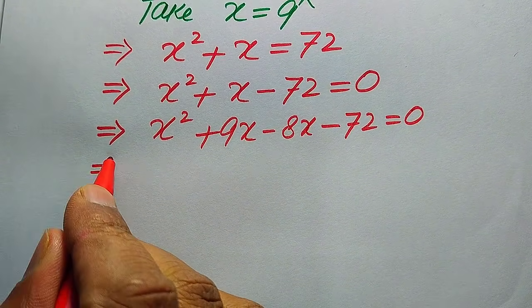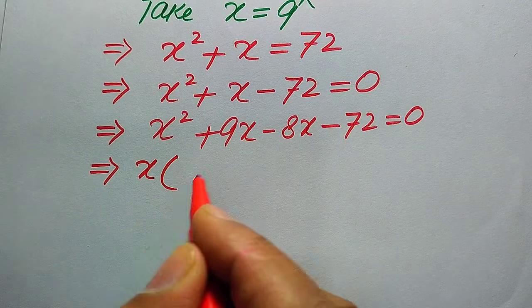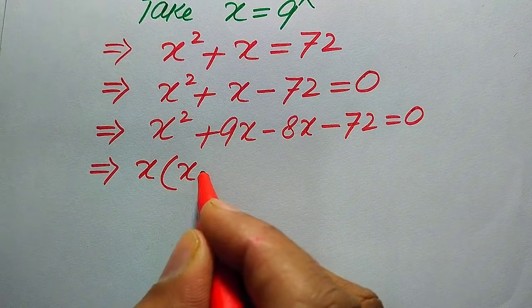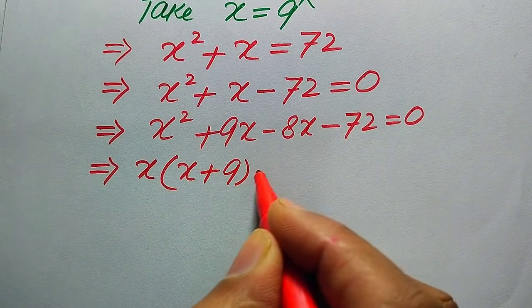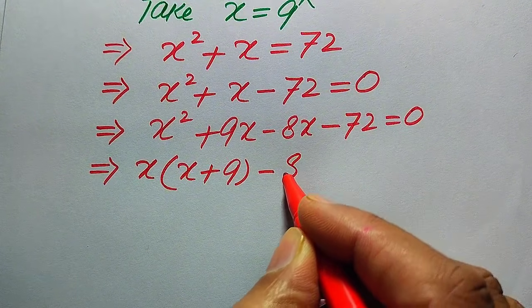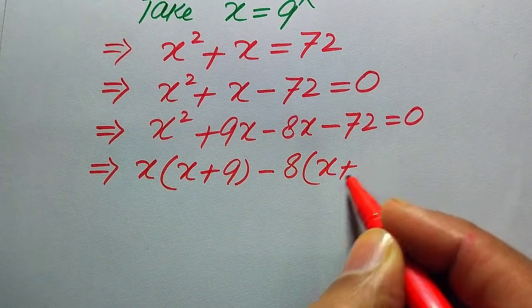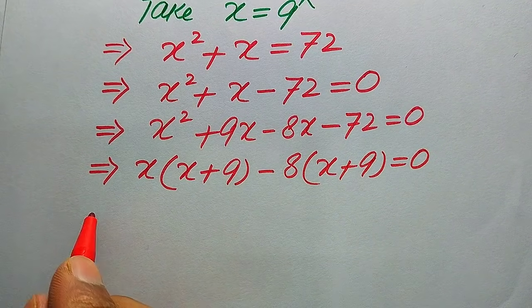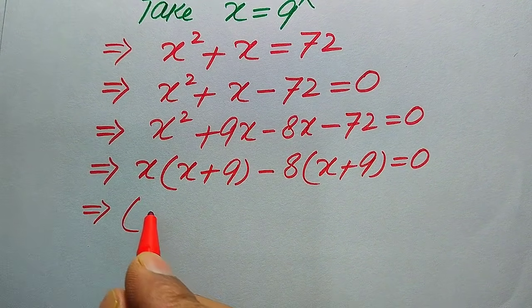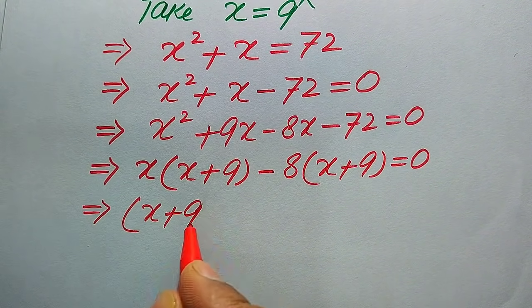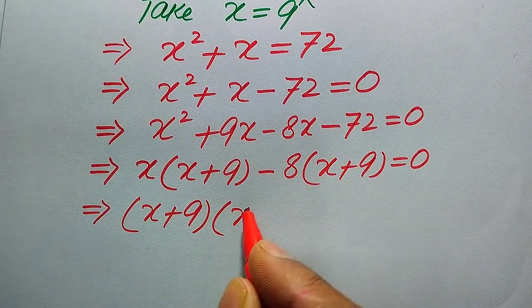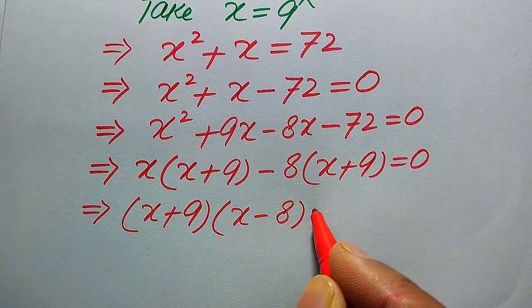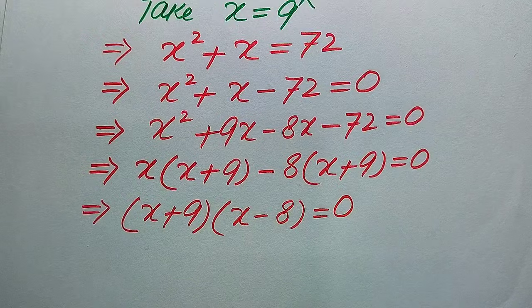And now in the next step we take common x from here, and when we take common x the remaining values are x plus 9, minus, when you take common minus 8 from here, the remaining values are x plus 9, and this whole equation is equal to 0. Further we take common x plus 9, and the remaining values are x minus 8, and this whole equation is equal to 0.